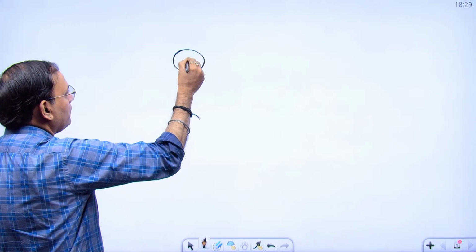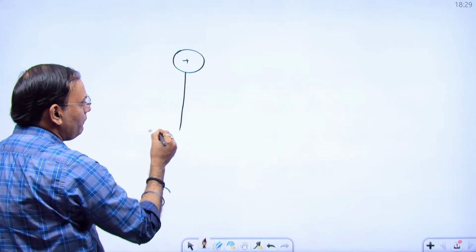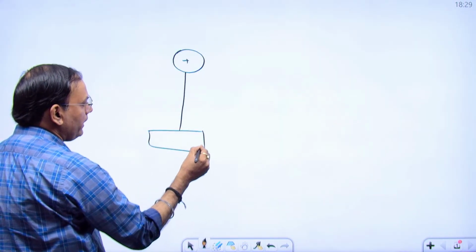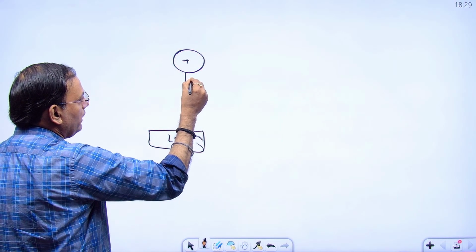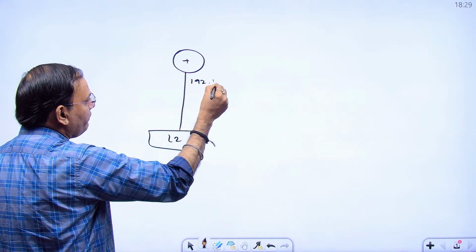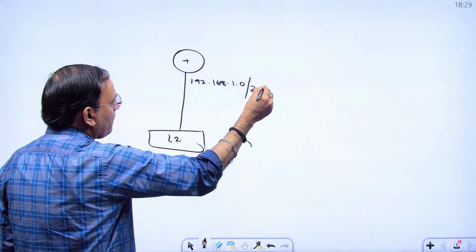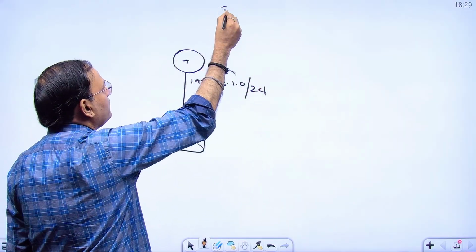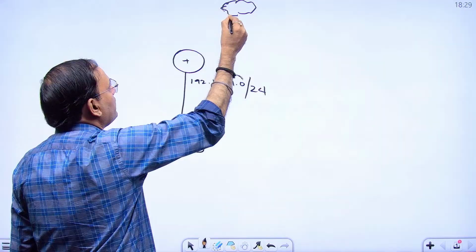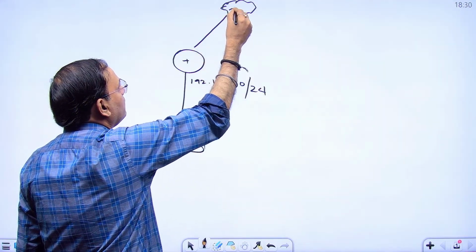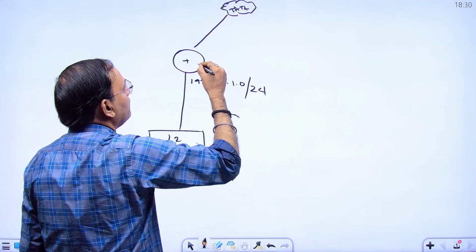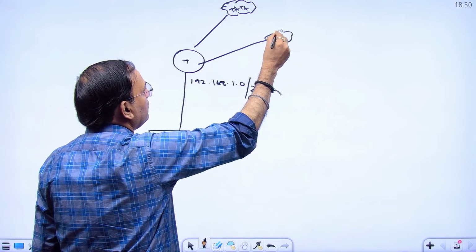So let me draw the diagram one more time and show you on which interface you need to configure this PBR policy, right? I have told you that the router is connected to an L2 switch. The IP address on the LAN interface was 192.168.1.0/24. You have two ISPs. One was Tata, one was Bharti.